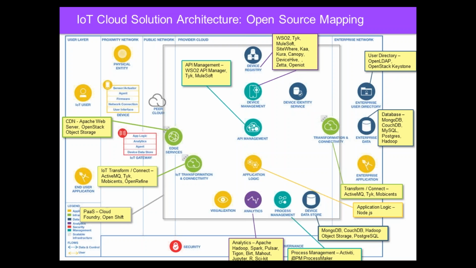Pulsar, Mahout, Jupyter, I could name more and more, but there are a wealth of different types of analytics programs available, which will suit different kinds of analytics that you may want to do with your data, whether they are big data handling such as Hadoop, or whether you're dealing with streaming data and trying to analyze data on the fly as it streams into your system.